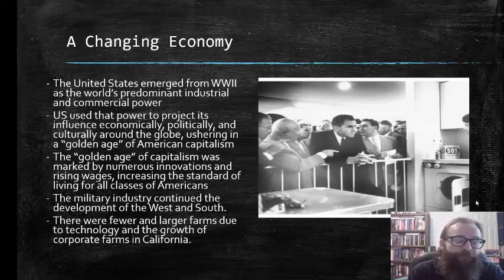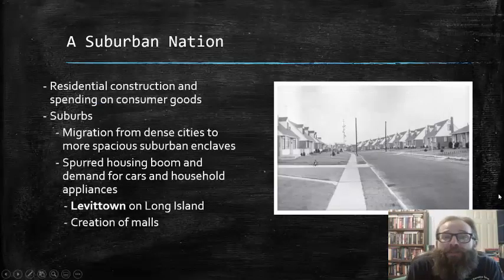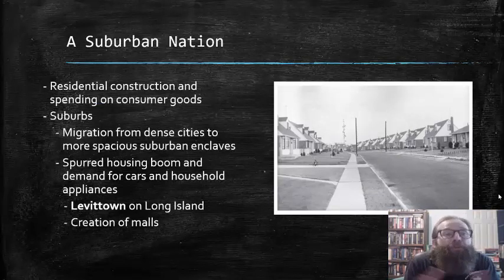This general rise in the standard of living and wages sparked a huge boom in residential construction and spending on consumer goods.